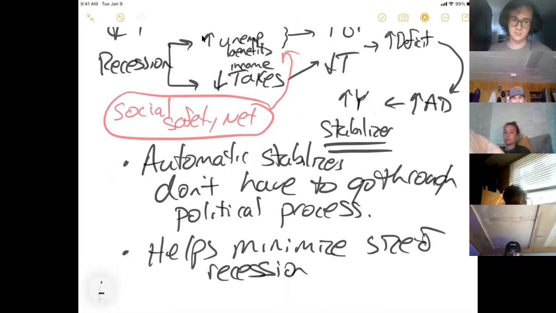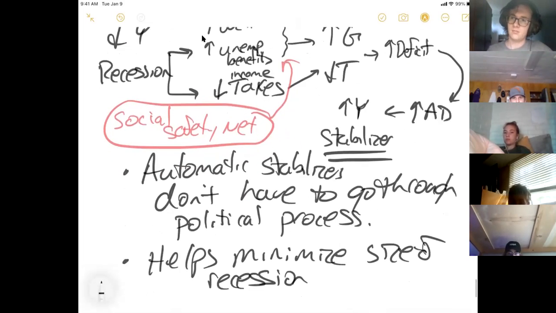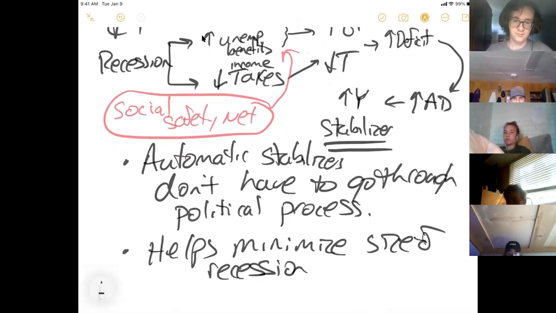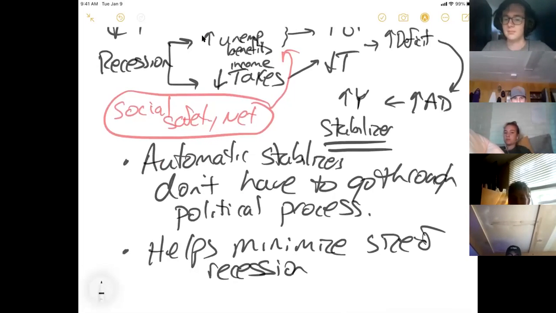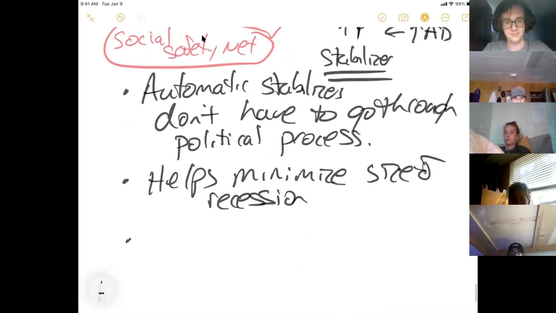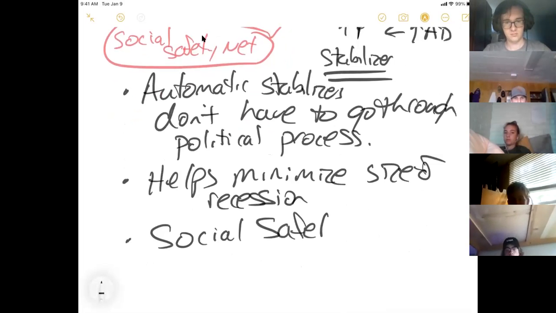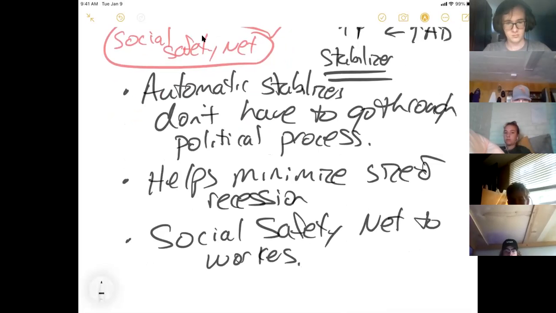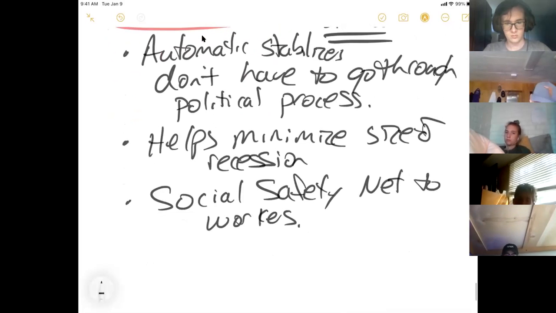These help to minimize the size of the recession. So things like unemployment benefits are actually intended to minimize the size of recessions, and of course, to provide a social safety net to workers. There's one other result to this.